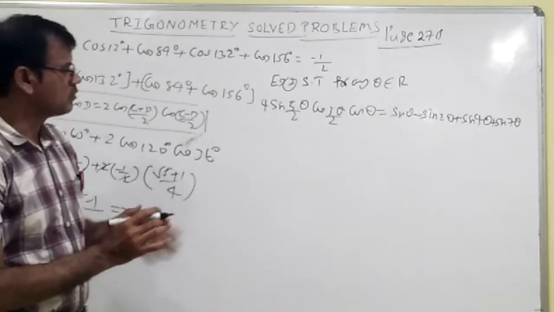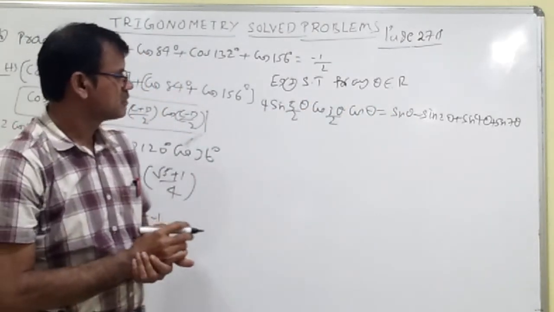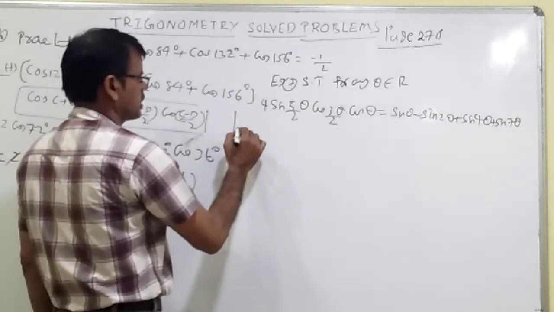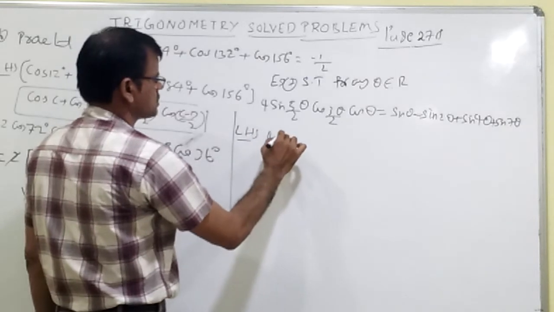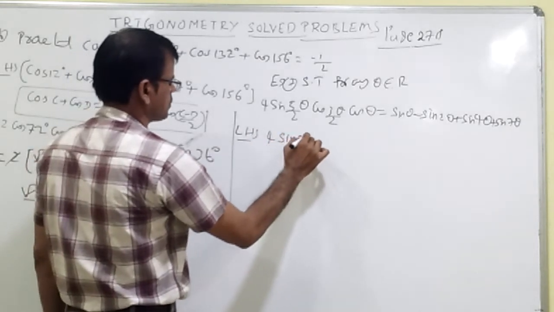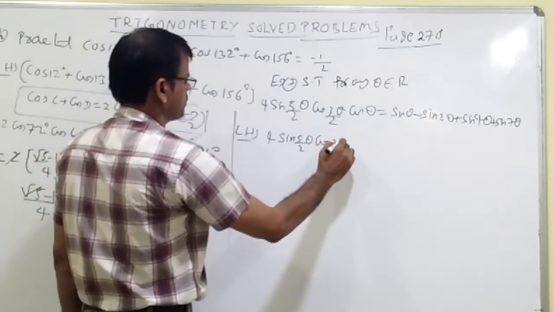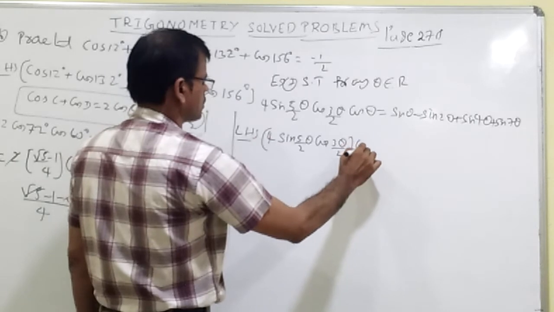This sum we can do by taking LHS to RHS or RHS to LHS also. Anyhow, no problem. Take LHS, you will get the value. LHS is 4 sin 5 theta by 2 cos 3 theta by 2 into cos theta.